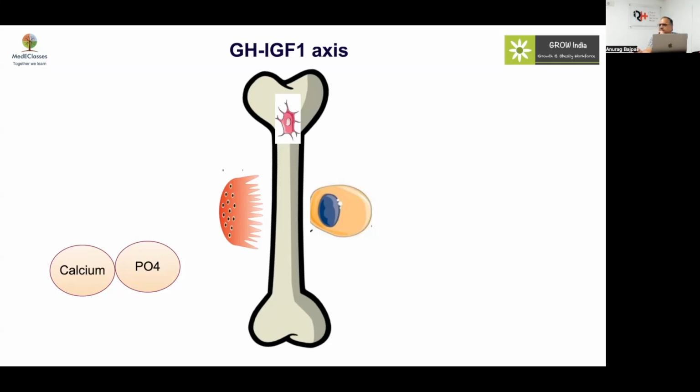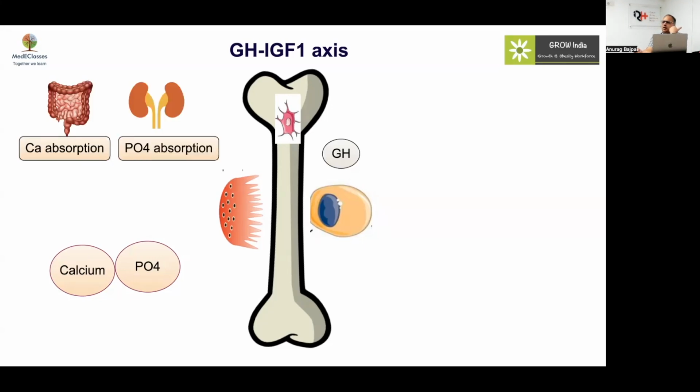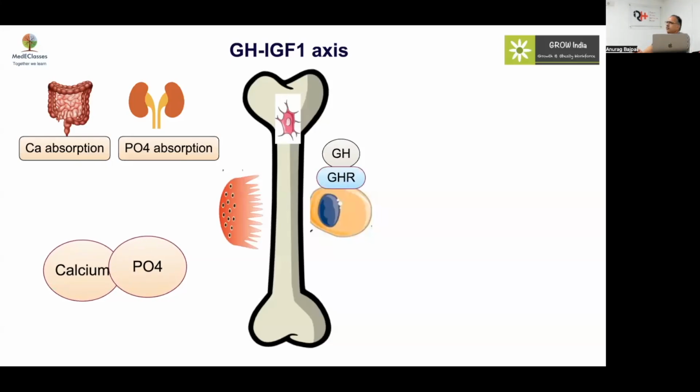What about the absorption? So basically, if you talk about growth hormone, it will increase calcium absorption, it will increase phosphorus absorption. That's why we use it in hypophosphatemic rickets. It will have an effect directly on the osteoblast. So it's mainly a bone anabolic hormone, so to speak.